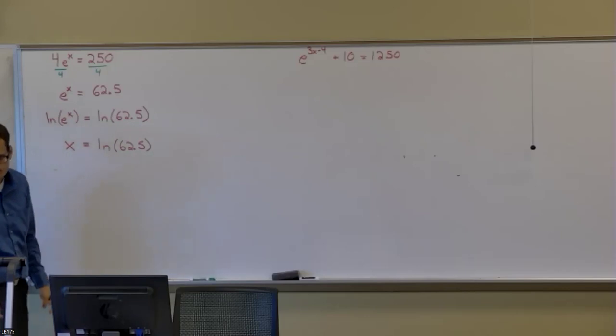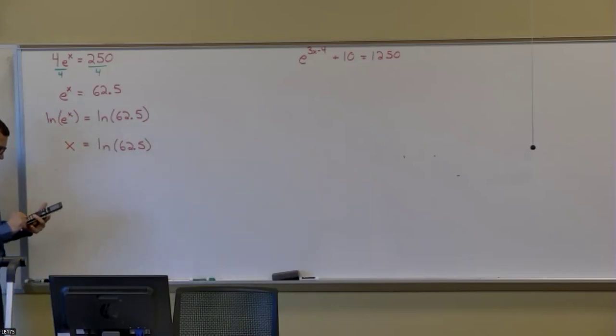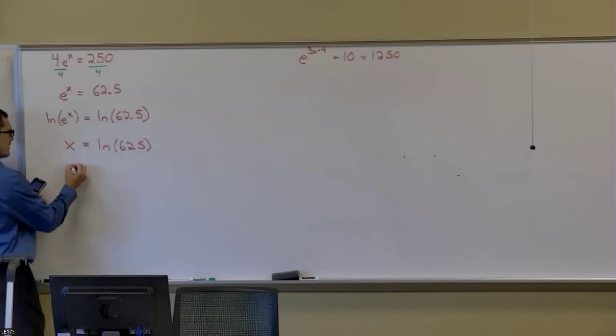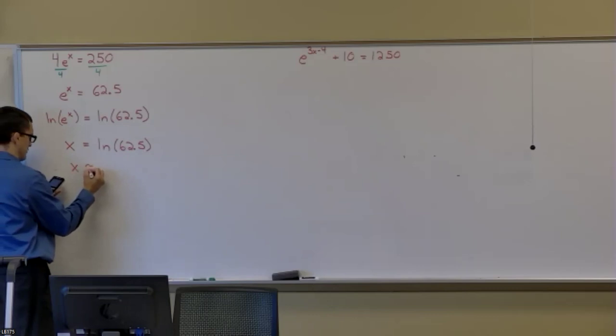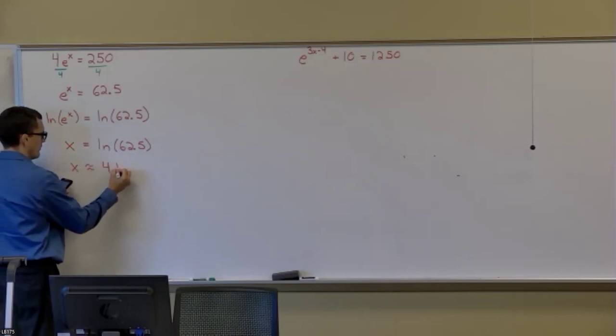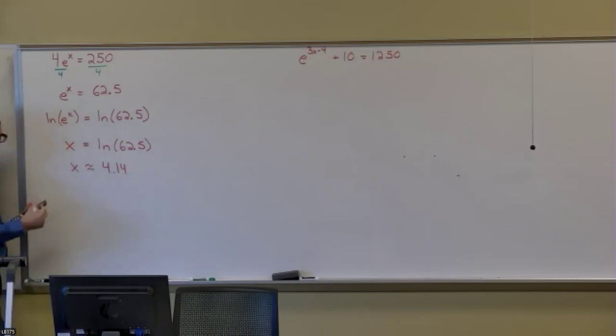So taking natural log of 62.5 gives an approximate answer of 4.14, rounding to 2 decimal places. Does that make sense? So this is the exact answer, natural log of 62.5. This is the rounded answer, 4.14.